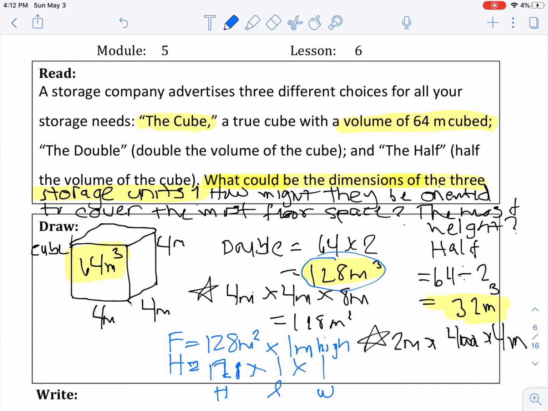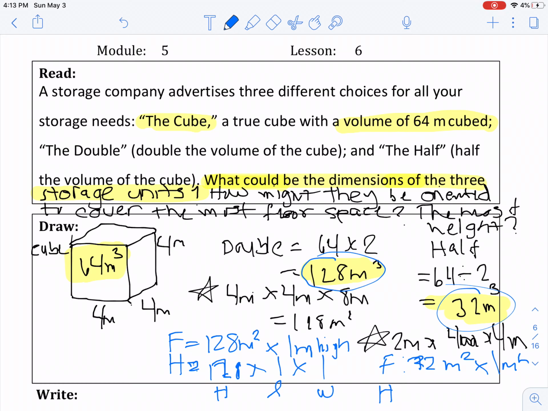For the half, the floor space, we have to have 32 meters. Okay, so 32 meters is your total volume. We would do pretty much the same that we did for the double. So 32 square meters is the length, and then times 1 meter high.